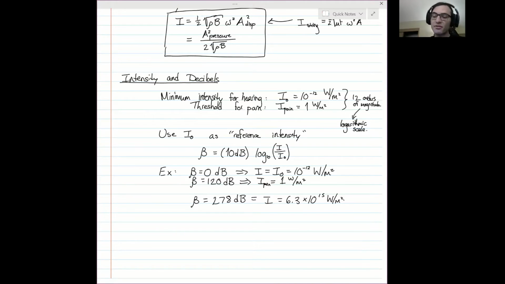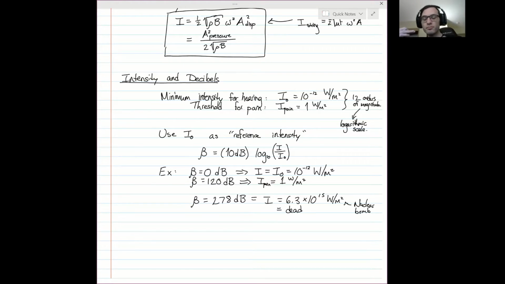In fact, this is the volume of a nuclear bomb. And if you experience a sound that loud, you are dead. Because it's a very, very high pressure wave. The amplitude of the pressure wave is extremely high. And it would rip your organs to bits and probably vaporize you.